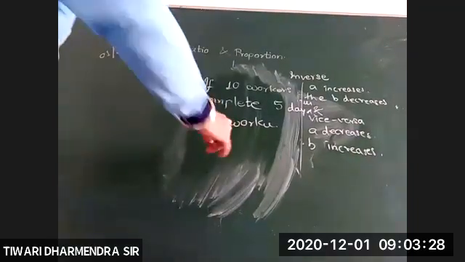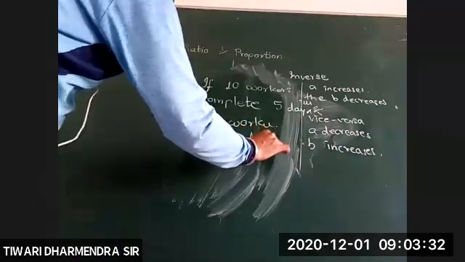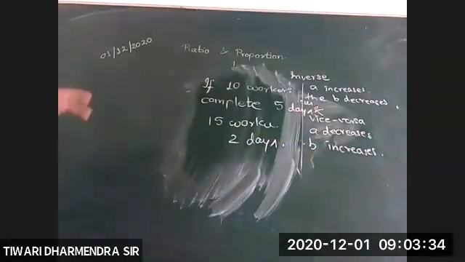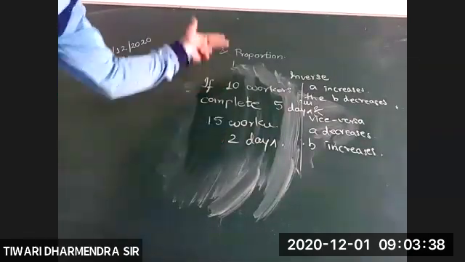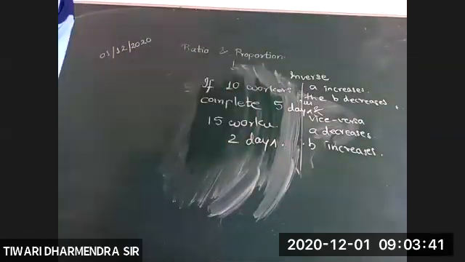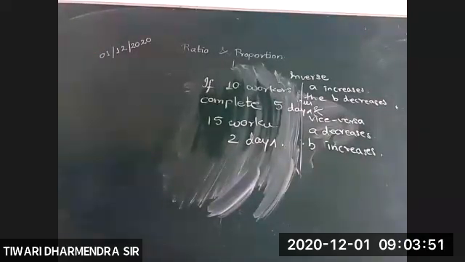Automatically, approximately they will take 2 to 3 days. This is just for understanding, I'm not calculating it. As the workers increase, the number of working days will decrease because they will complete the same work earlier as the load on the workers decreases.